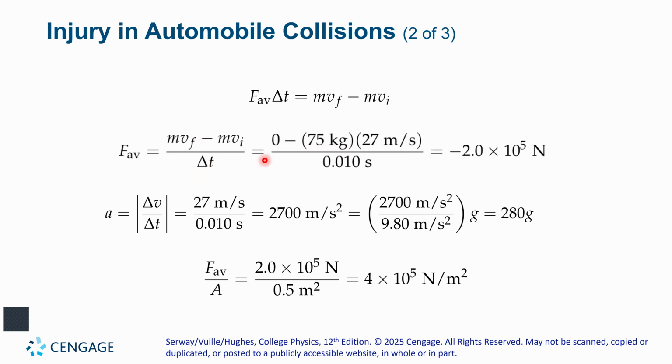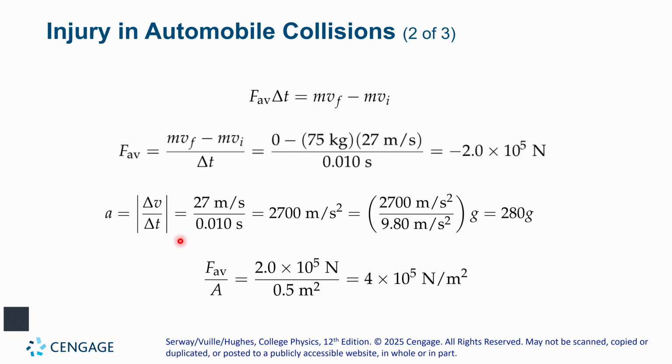After we substitute all the numbers, including that the final momentum is 0 and the time interval is 0.01 seconds, or 10 milliseconds, we get that the force is around 2 times 10 to the 5 newtons, or 200,000 newtons.